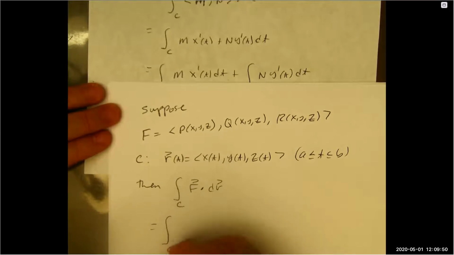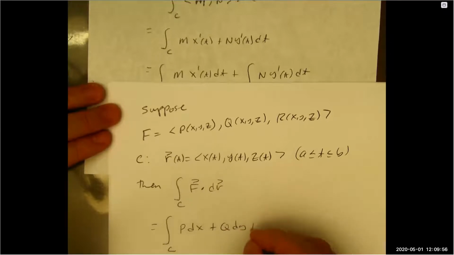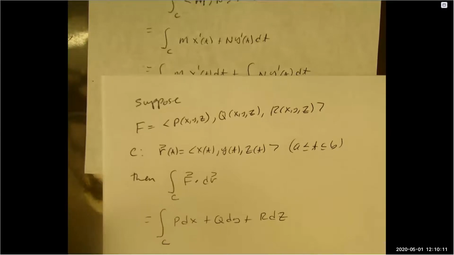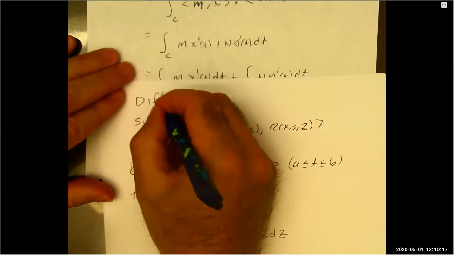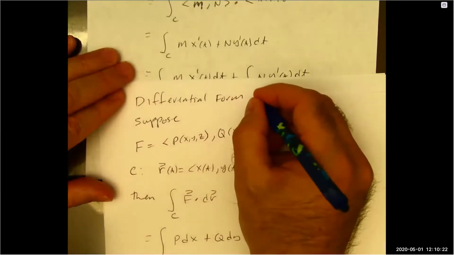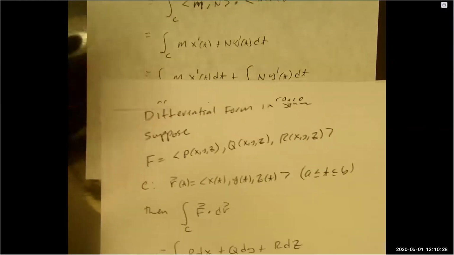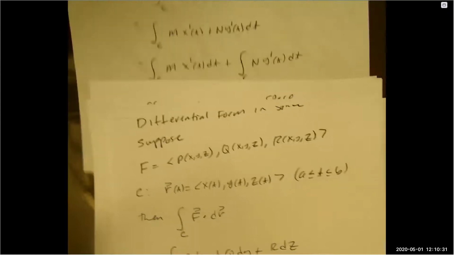We can write it as the integral over C of P dx plus Q dy plus R dz. And so this is the differential form for a line integral in space. So we can go back and forth between these two forms. We don't use the one in space all that much. Occasionally you might see it, but I just wanted to show you that as well.